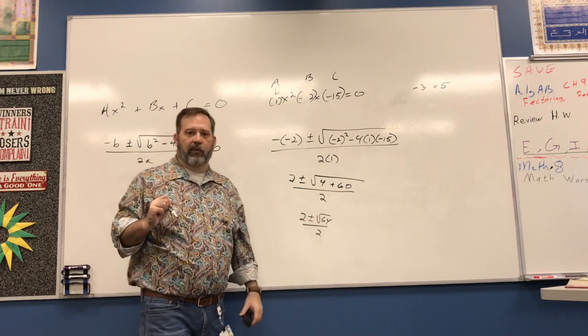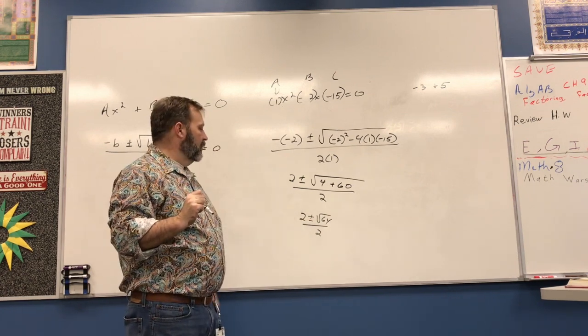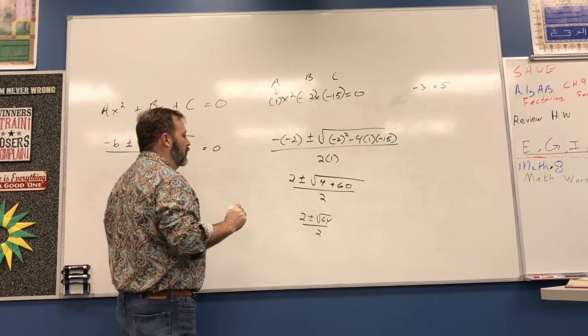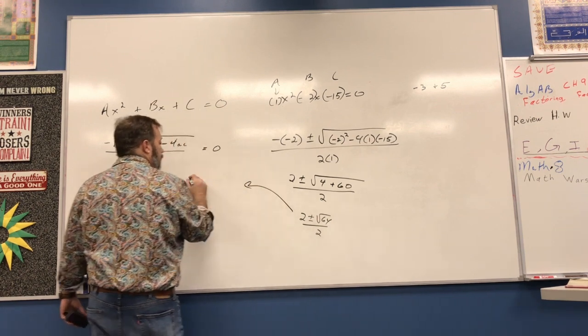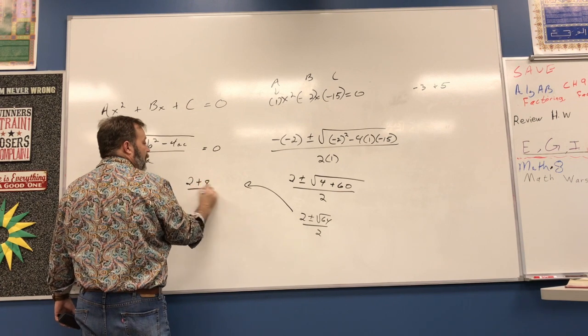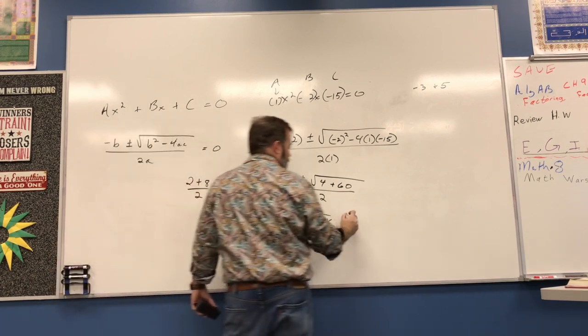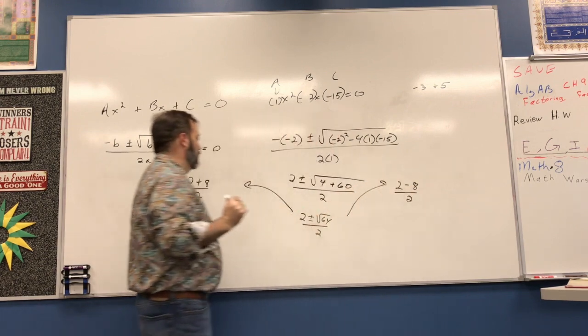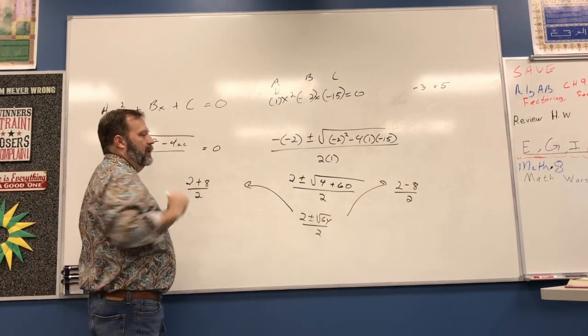Now we're ready to square root. When we square root, we're going to get a +8 and a -8. So this is going to break into 2 possible answers: 2 plus 8 over 2 and 2 minus 8 over 2. Because we have a positive square root, we have a negative square root.